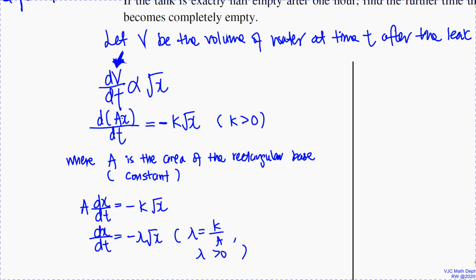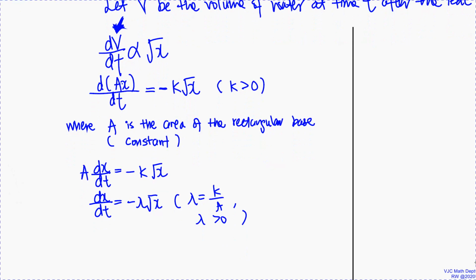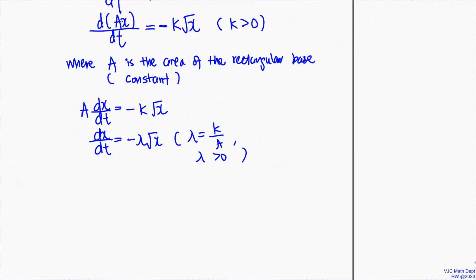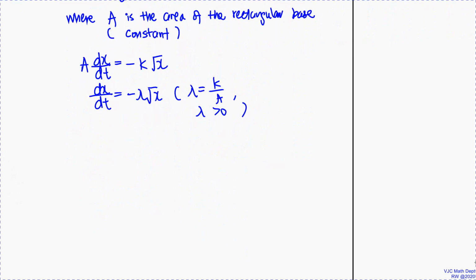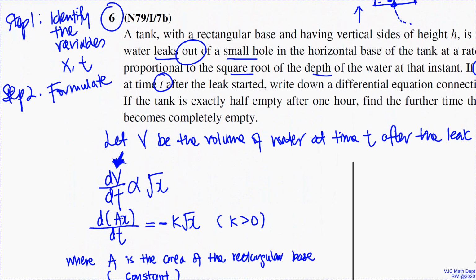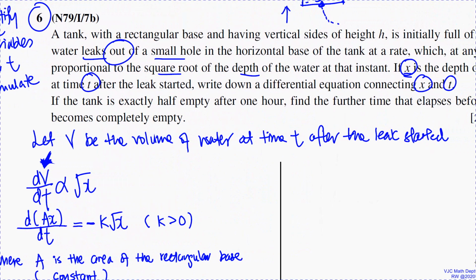How you see from dV/dt all the way to dx/dt, I'm not convinced whether you actually arrived there or it was just by luck. You've got to show it. Alright? So with that, we can start to solve the DE. This one we've done. That is the DE.